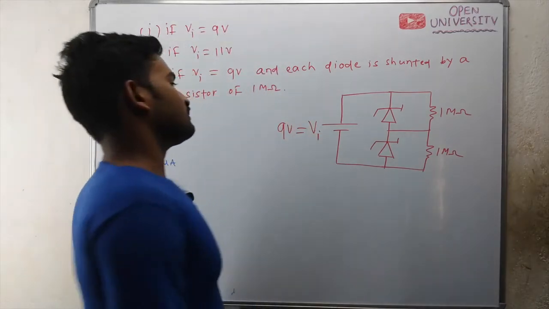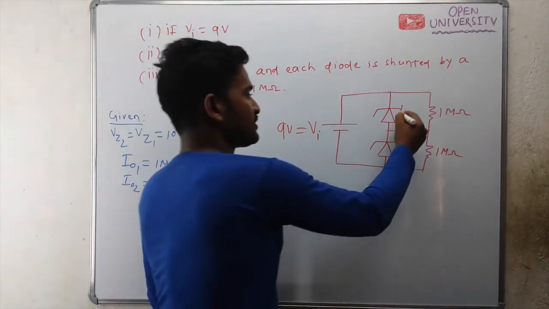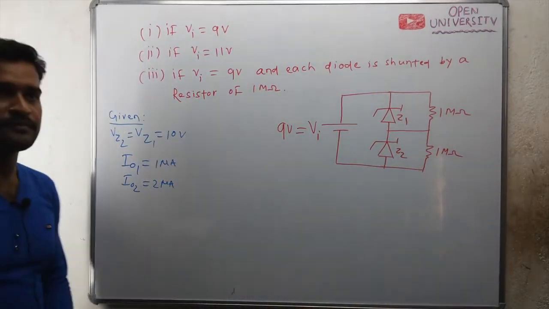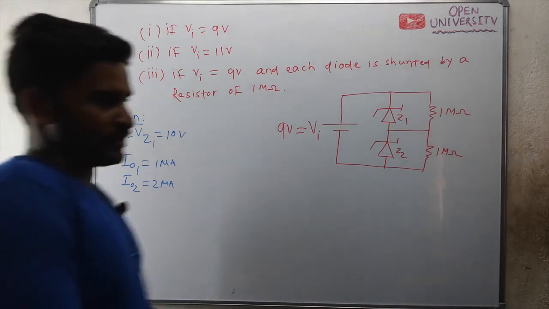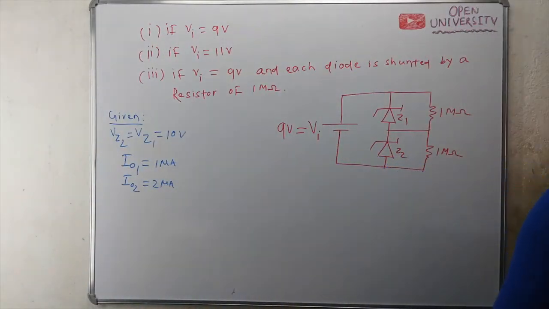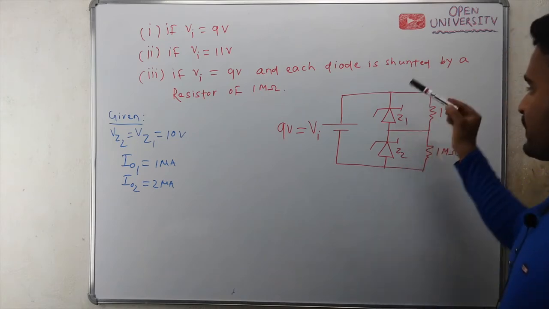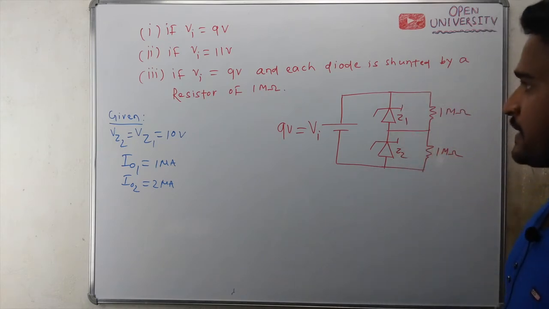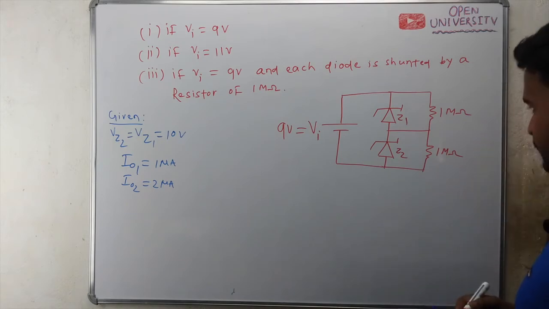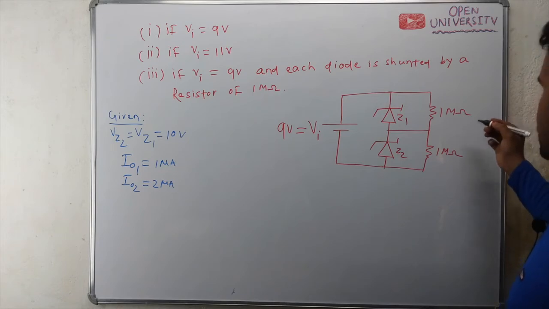Okay, and this is your Z1, and this is your Z2. Now in this case it is asked to find out the voltage across each diode.